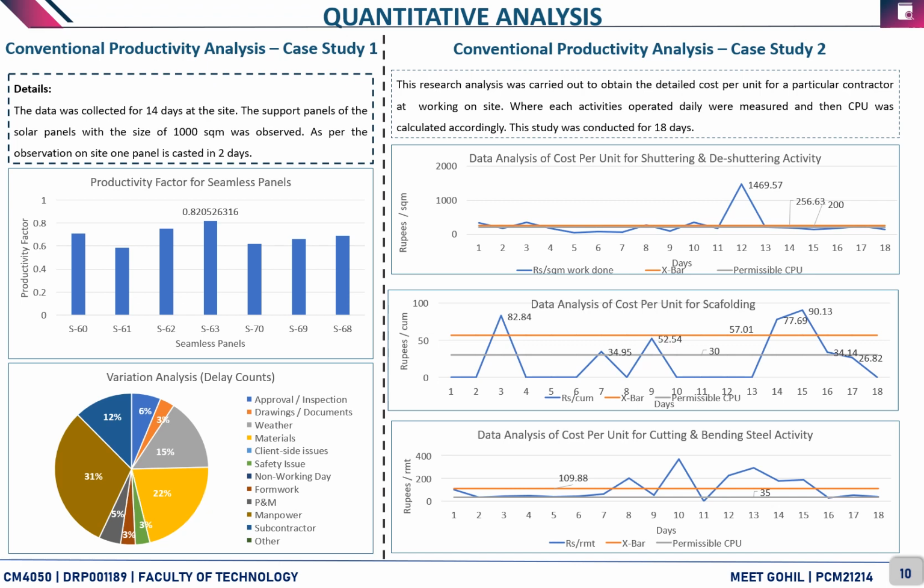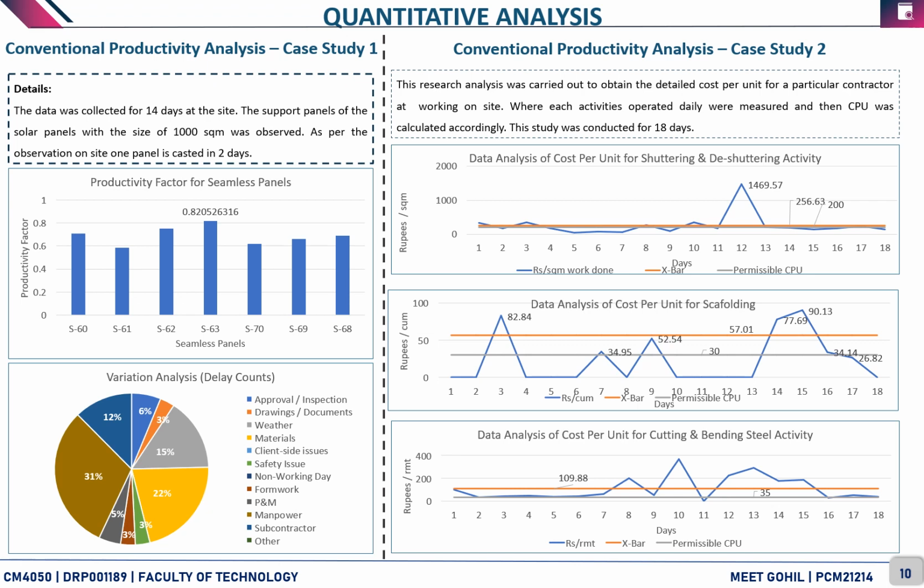The X bar shows the average of the cost per unit per day, and the orange bar shows the permissible cost per unit given by the developer.